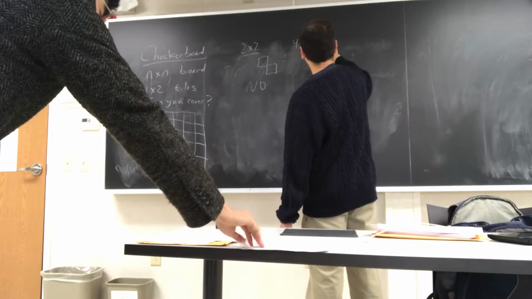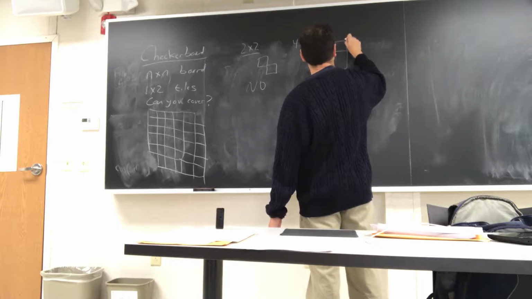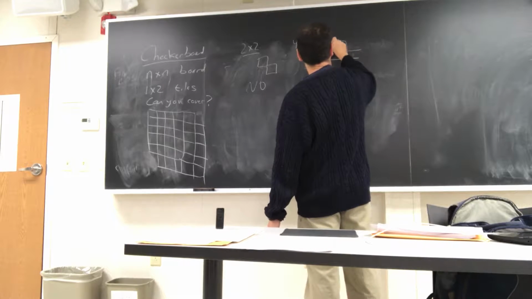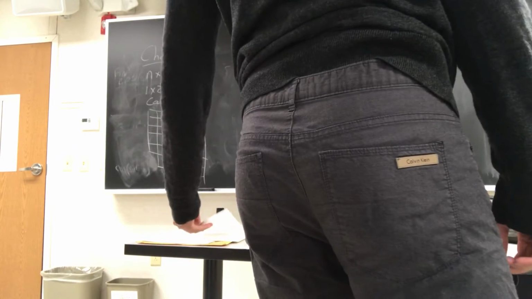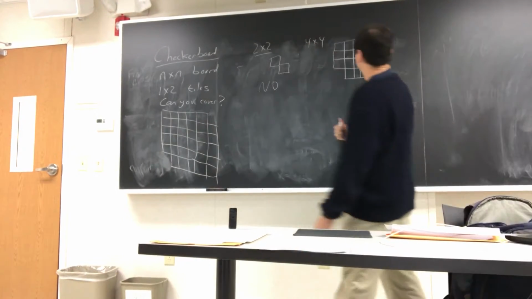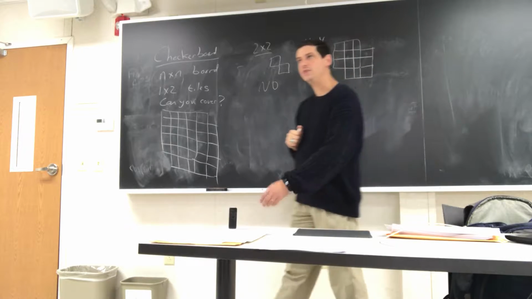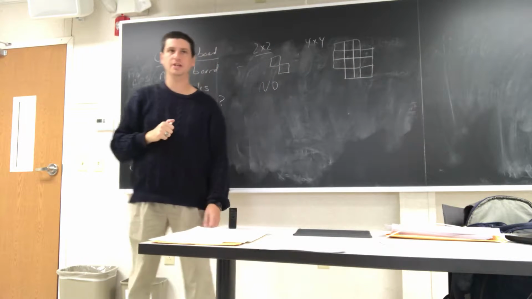So for the 4 by 4 case, I think this is the 4 by 4 case. We can start going through all the different possibilities to see can we cover.